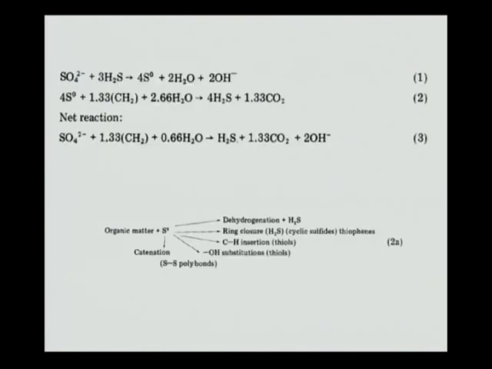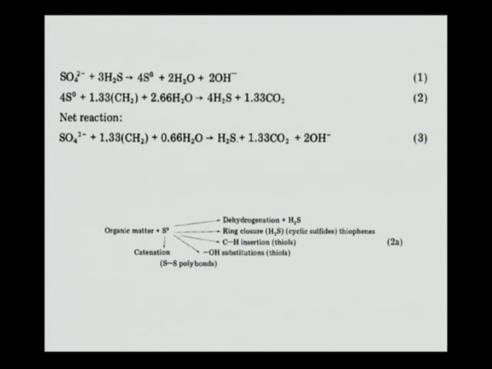To make life simpler for me, here is a representation of the dissimilatory sulfate reduction and how it reacts with other phases. There are two stages here: sulfate reduction to elemental sulfur, and then oxidation of the organic matter to produce CO2 and H2S.